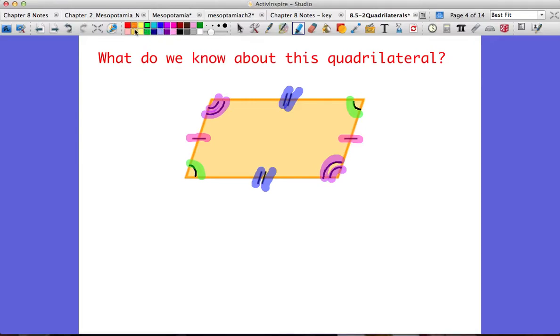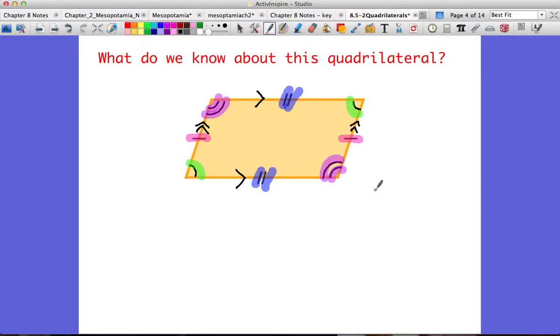Another thing, if we look at parallel sides, which is always something that we want to look for, we know that this side and this side are both parallel to one another, and this side and this side are parallel to one another. That's a lot of marks going on one shape.